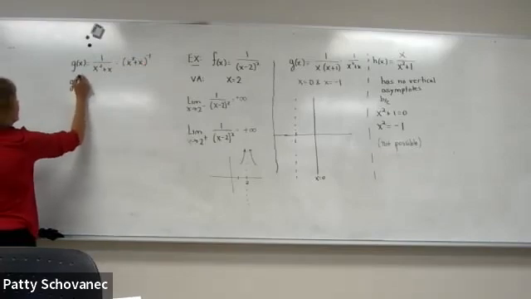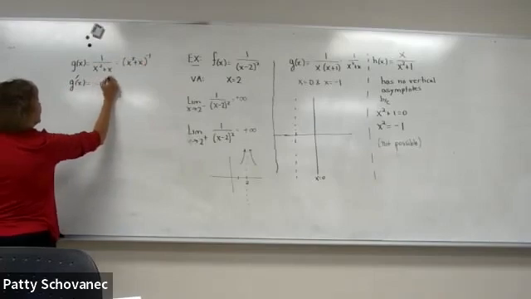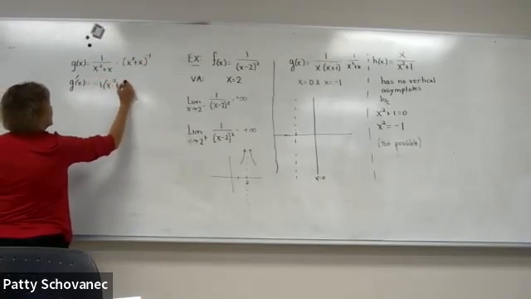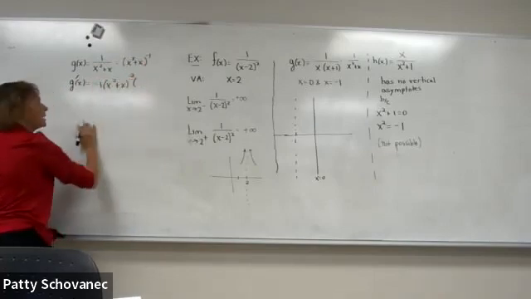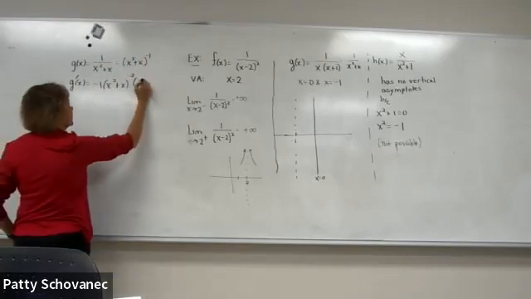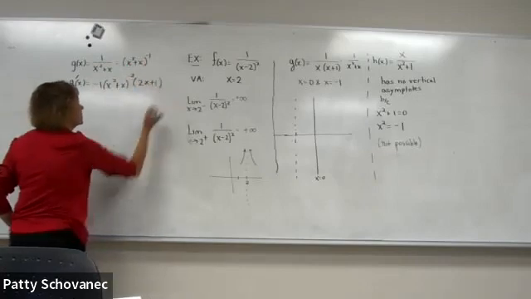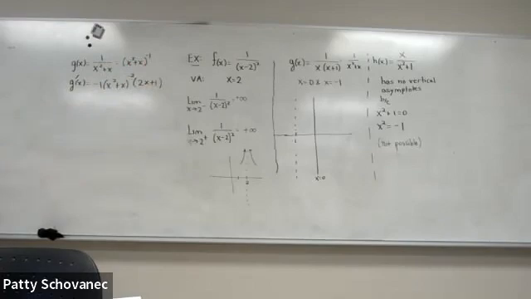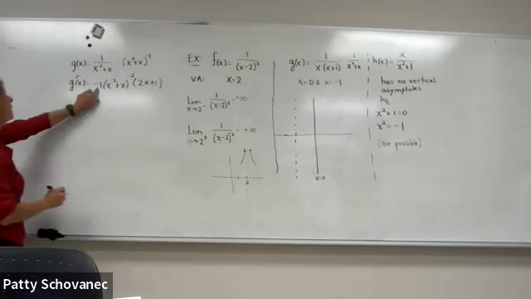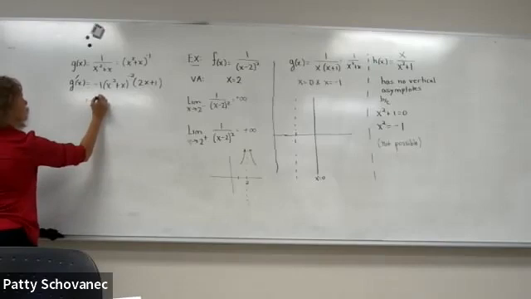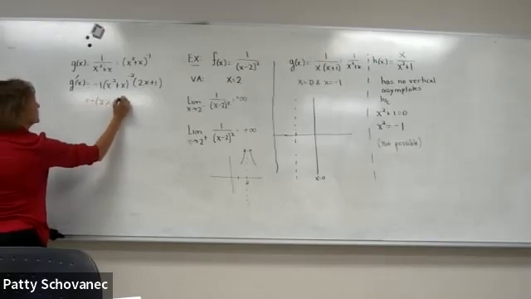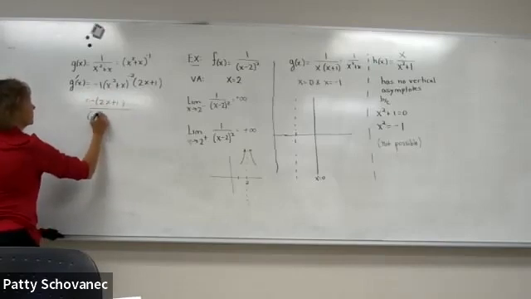So g prime of x, we bring the power down, raise that to 1 power less, and then multiply by the derivative of what's inside, and we get 2x plus 1. When I simplify this, I'm going to keep the minus 1 on top with the 2x plus 1, and then this guy goes on the bottom.